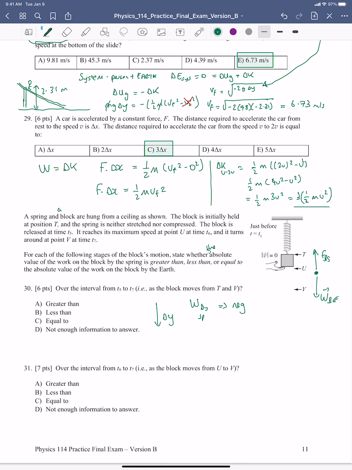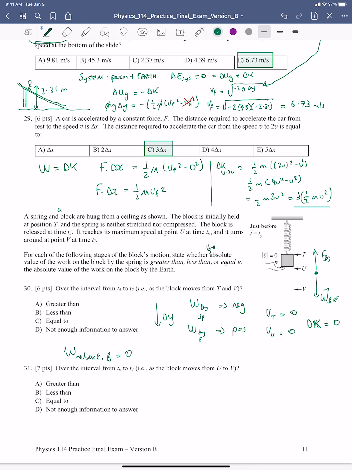And the work done by the earth is positive. But the speed of the block at T is 0, the speed of the block at V is 0, so the change in kinetic energy of the block is 0. So the net work on the block is 0.